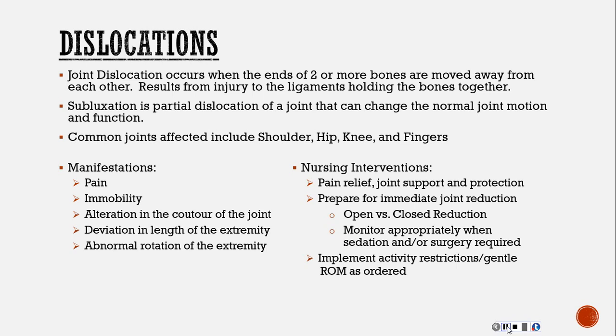It occurs at the joint, and it results from injury to the ligaments that hold the bones together. Some of the common joints affected include shoulders, hips, knees, and fingers.